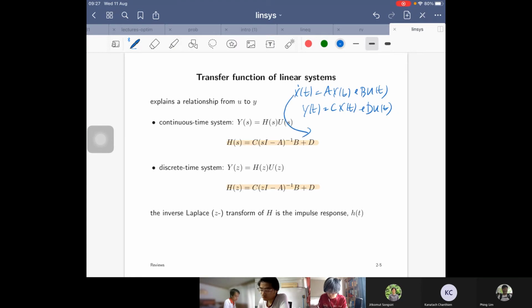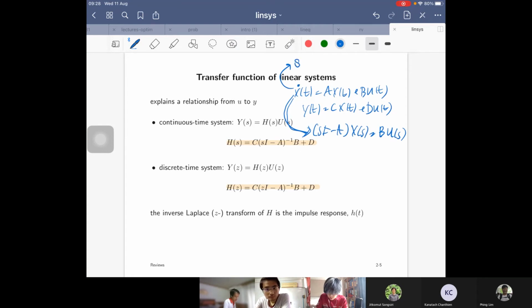Apply the Laplace transform, City Park, real quick, to the very first equation. You would get (sI minus A) X(s) equal to B U(s).